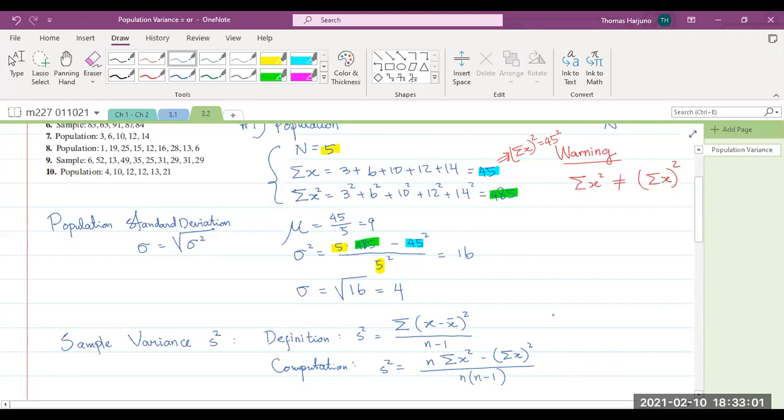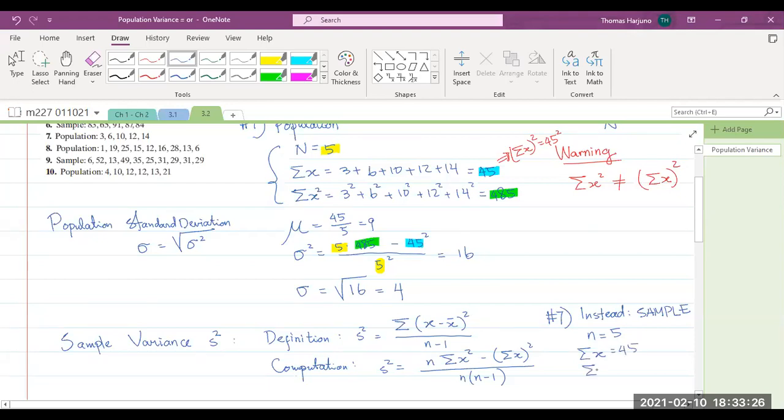Okay, so suppose I look back to number 7, but instead I call that a sample. Then instead of capital N, I use lowercase n. It's still 5. The sum of x is 45.